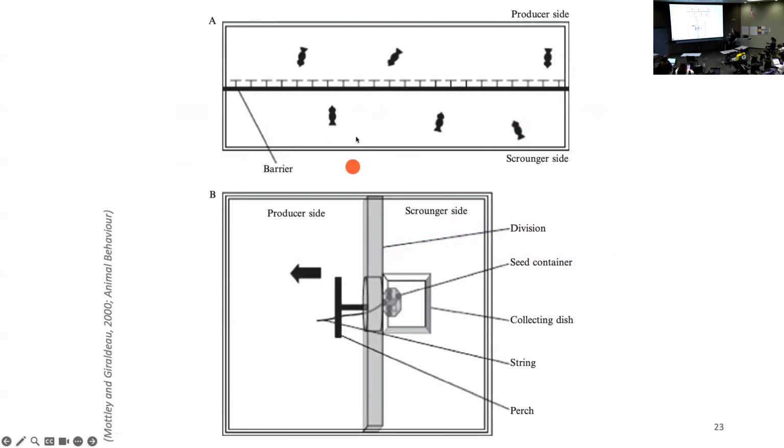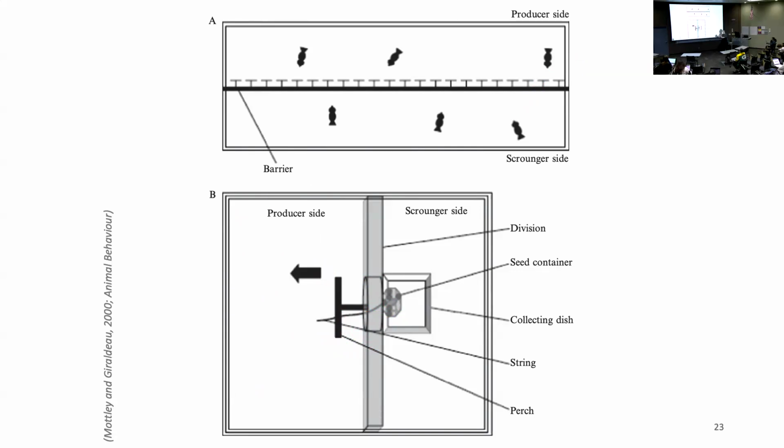The idea here is that you put all these birds in an arena where it's got all these little perches with these barriers. For each one of these perches with these barriers, the birds can go over the barrier. The only way they can produce is by going on the producer side with the perch, getting on the perch, and using a string to pull open the food.